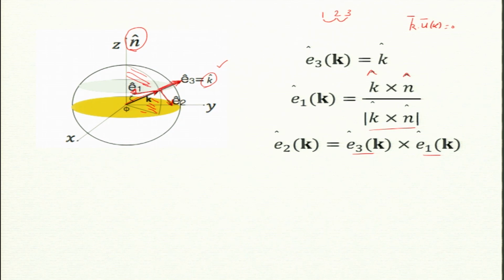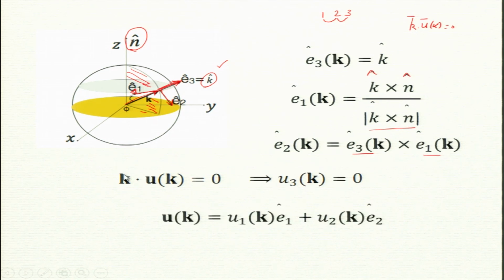We do not need to worry about 3D vectors now, we just need to worry about 2D vectors. So my velocity field is U1 E1 plus U2 E2, and the velocity has no component along E3. So U3 is 0, just straightforward, but it is very useful. You can use this to solve quite a few problems in fewer steps.